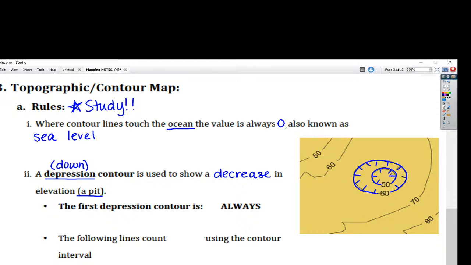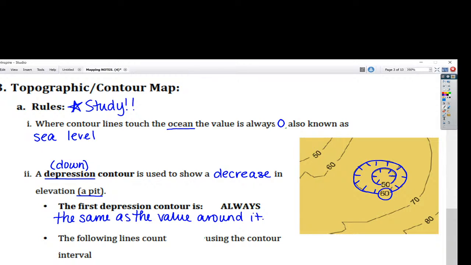The first depression contour is always the same as the one around it. And so our first depression contour for our hole is 60.